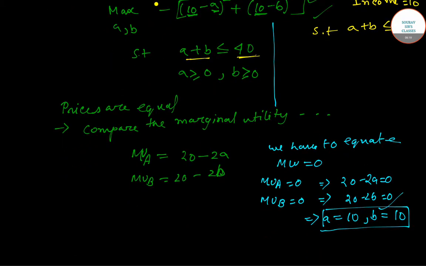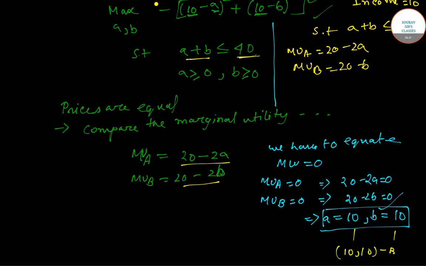Similarly, MU a and MU b will remain the same because the utility function hasn't changed. But in this case the bliss point, which is 10, 10, is not affordable, since MU a is greater than 0 for all a less than 10.